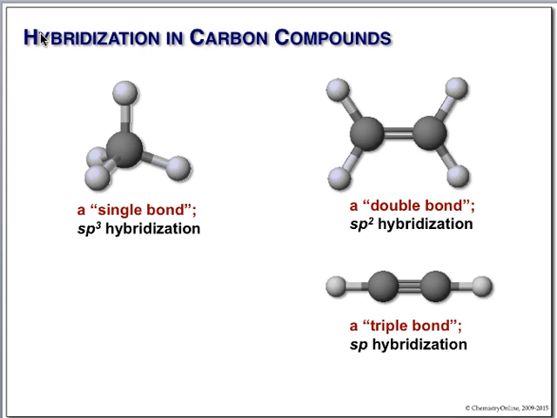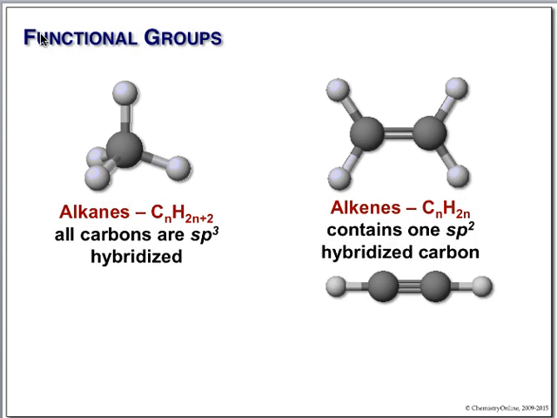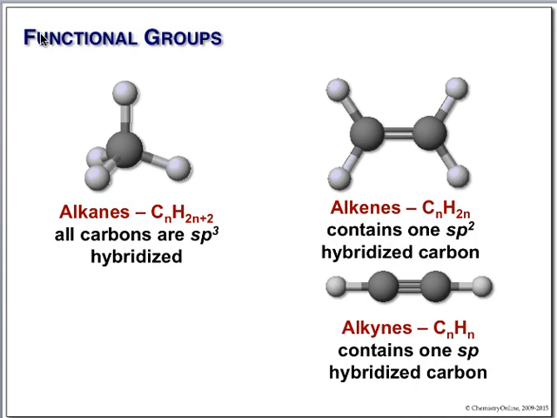Well, these 3 types of carbon compounds make up the functional groups of alkanes, alkenes, and alkynes. In an alkane, you will have a compound where the general formula is CnH2n+2, where n is some integer. All carbons will be sp3. Everything will be tetrahedral.